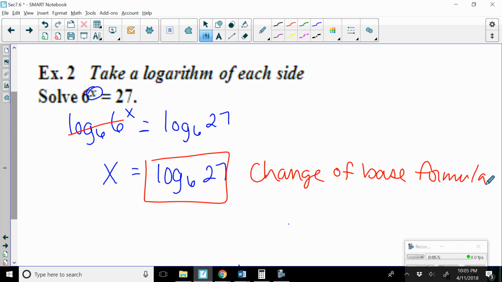Using the change of base formula, we have x equals the log of 27 over the log of 6, which now you can put into your calculator. You can either use the common log or the natural log. Either one will work the same. And we get approximately 1.839.